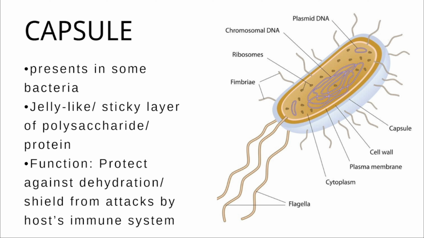Some bacteria will produce this capsule to protect against dehydration and the host immune system, providing double protection. Not only the cell wall, but this also gives another protection to the bacteria. Normally it is made from polysaccharide and also protein.